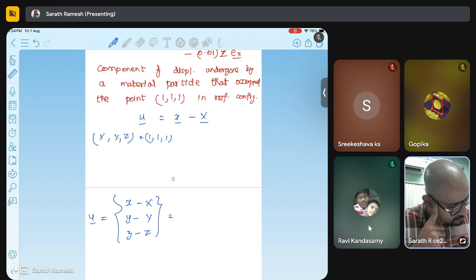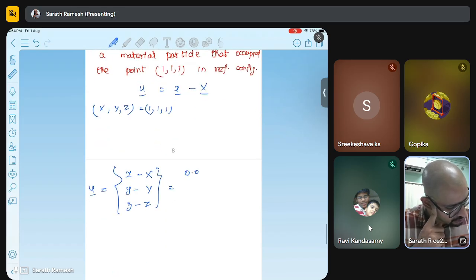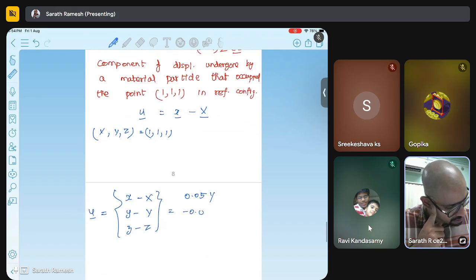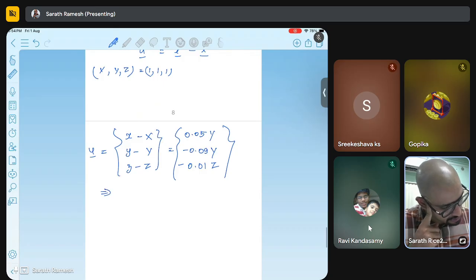This is equal to what they have given: 0.05 capital Y, minus 0.09 capital X, minus 0.01 capital Z. Okay, so this implies small x is equal to capital X plus 0.05 capital Y. We got the deformation field.